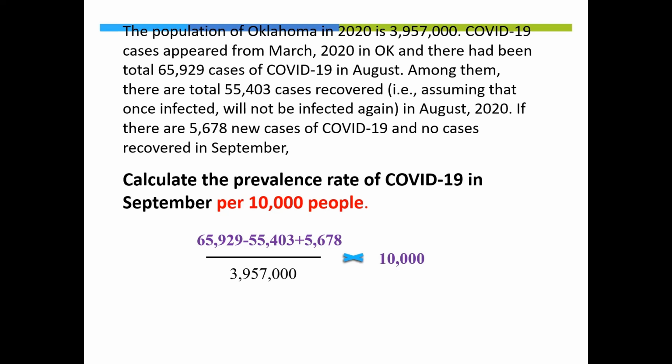It's a little bit confusing. Probably we have 65, but we need to exclude the 55 because they recovered in August. So in September, these are no more pre-existing. So you got this number, 40.95 per 10,000 people, right? Yeah.